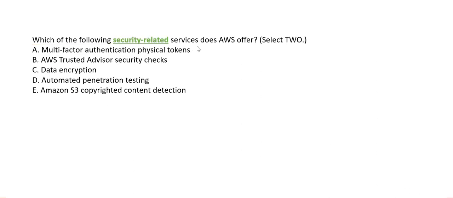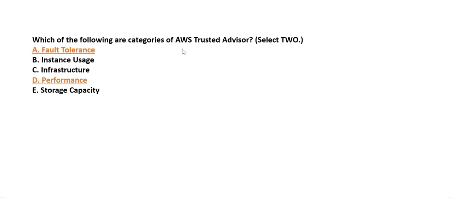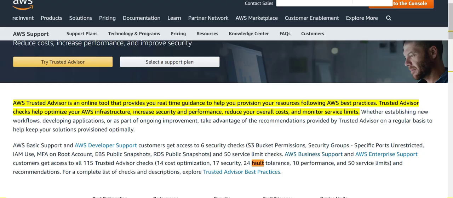Which of the following security related services does AWS offer? Data encryption and Trusted Advisor checks. Categories of AWS Trusted Advisor: fault tolerance and performance. So there are 24 fault tolerance checks, 10 performance checks.